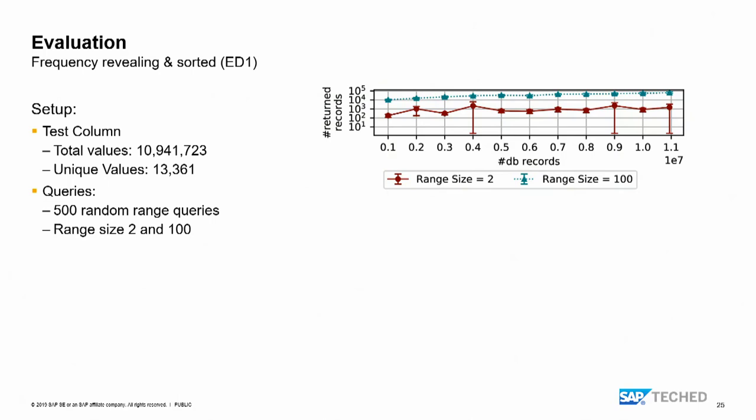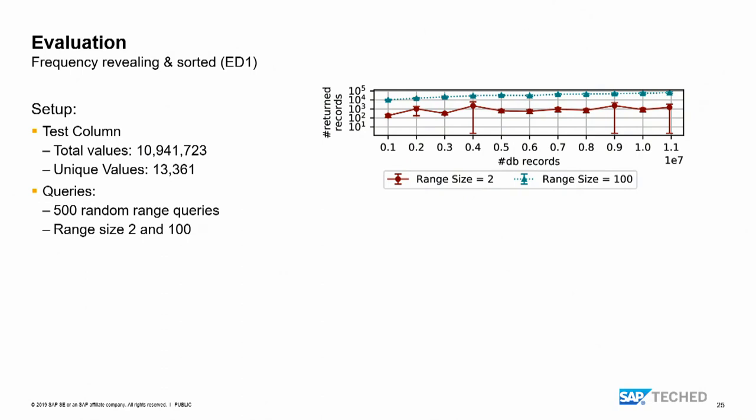And look at the graph on the right, please, for a second. On the x-axis, we have the number of database records from 100,000 to our almost 11 million. And here we see how many values we get back for the range sizes 2 and 100. Because the range size of 2 means we search for 2 consecutive values that are in there. So 2 of the dictionary.